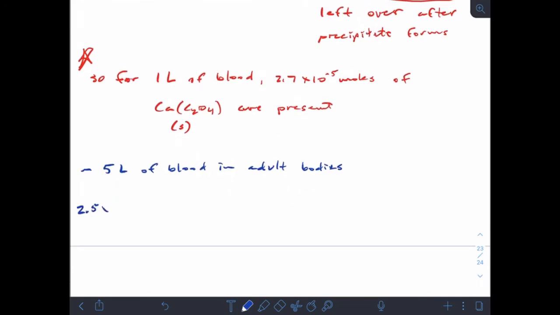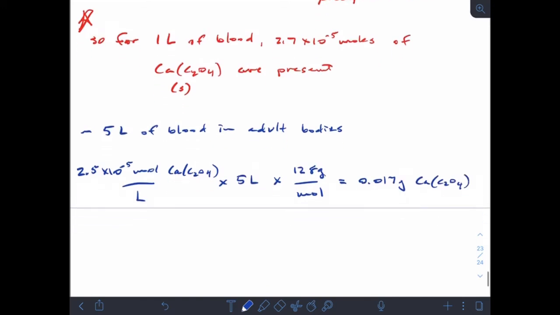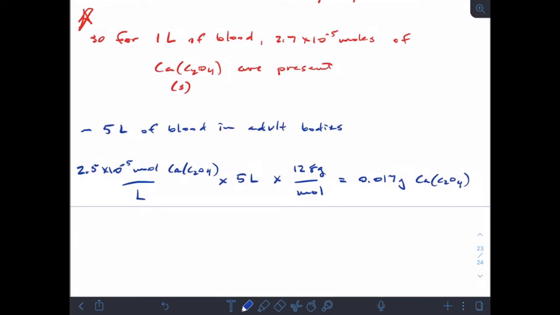So if I've got 2.7 times 10 to the minus 5 moles of calcium oxalate per liter times 5 liters times 128 grams per mole, that means there are 0.017 grams of calcium oxalate.